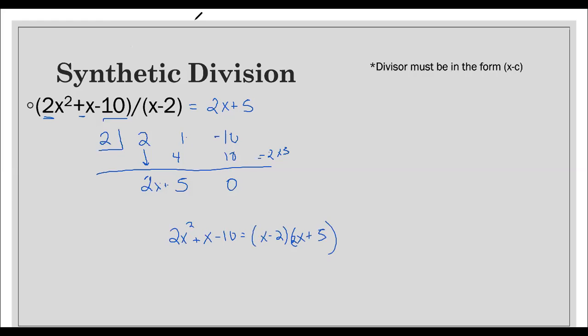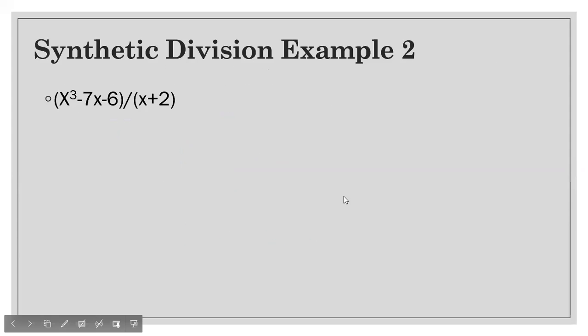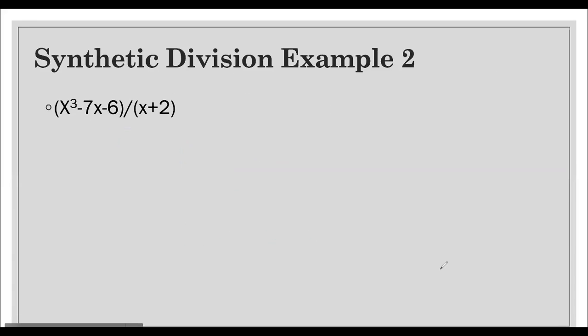Let's take a look at a couple more. Here, this is what I was talking about: we have x cubed minus 7x minus 6. We don't have an x squared value, so we have to make sure that's there. So this is really x cubed plus 0x squared minus 7x minus 6.